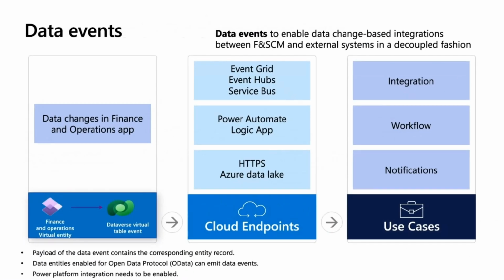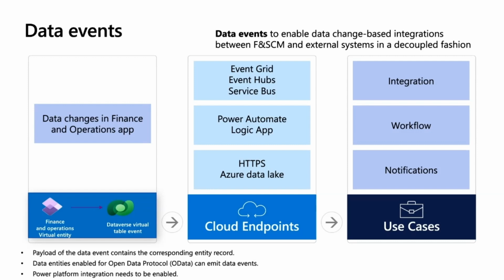Now moving on to data events. The basic difference between data events and business events is that with business events, when a process happens, the system emits some event. Data events are typically triggered when any create, update, or delete operation happens on a particular table.